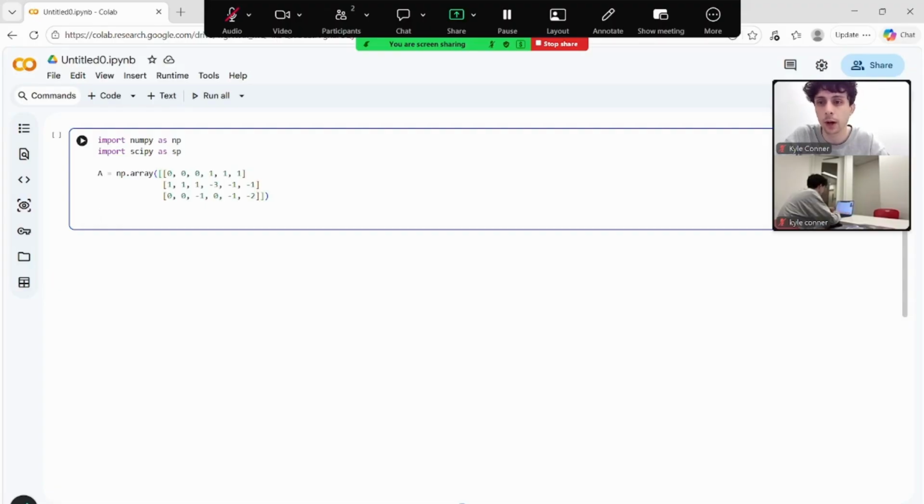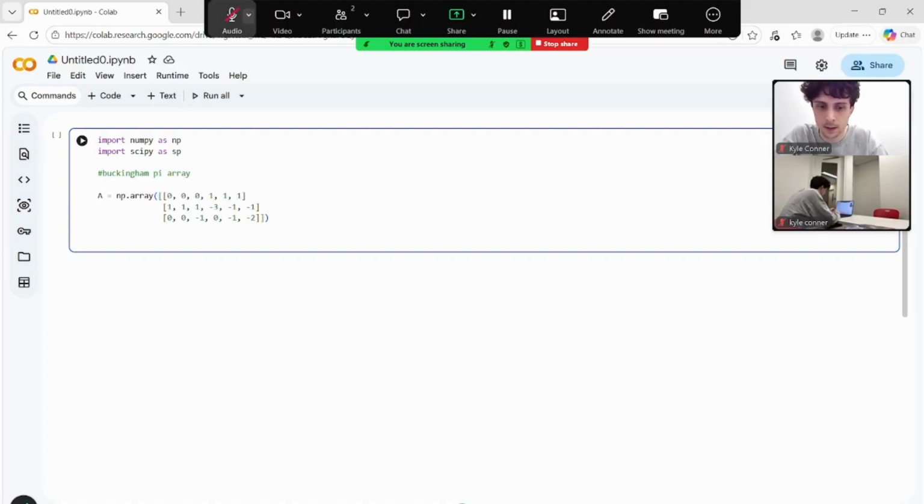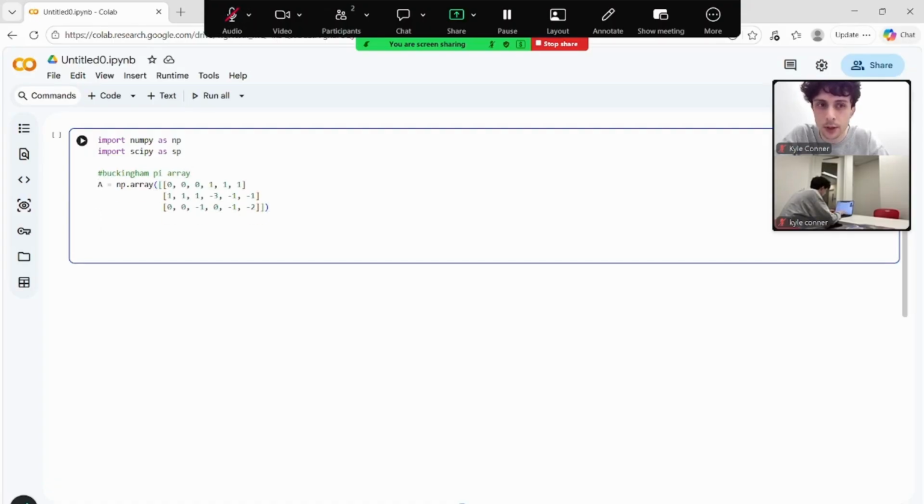So we have our Buckingham Pi array: this is our kilograms, this is our meters, this is our seconds. And then we'll just name it so we can organize this, Buckingham Pi array. For our next part, we're going to be importing this so that we can solve for these, actually using the null space itself.